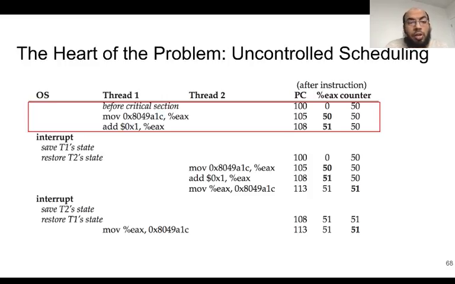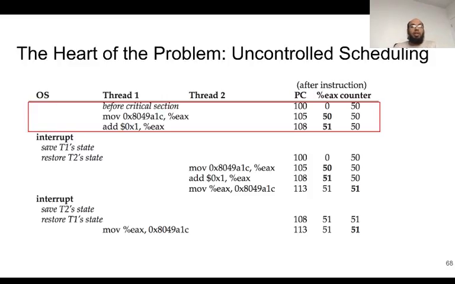Now timer interrupts happen, and you save T2's state, and now you get to run from exactly where T1 was going to run. And the next line that T1 was going to run is move EAX 0x8049A1C. Okay, do you see what's happening now? You have 51 in the counter, and the previous value for EAX was not saved from thread 1.